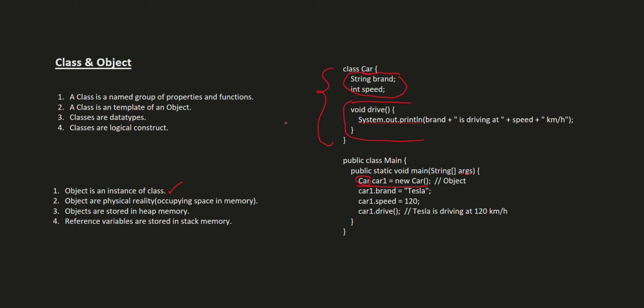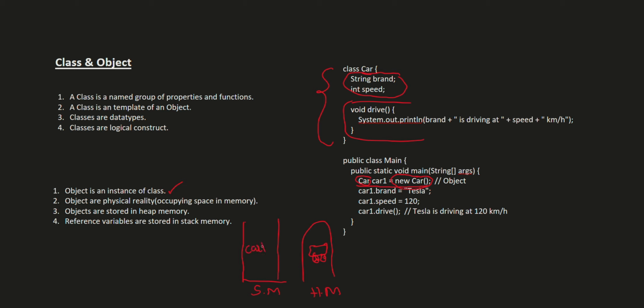Objects are stored in heap memory. Reference variables are stored in stack memory. So we have two types of memories: one is stack memory and the other one is heap memory. This actual object, when it is created, is stored in heap memory, whereas the reference variable is stored in stack memory.